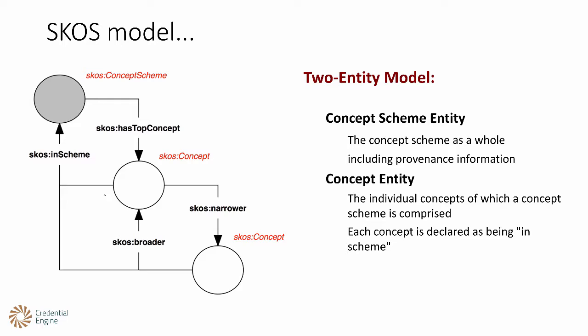So these entities exist in an RDF model, and their relationships are defined independently of the nodes themselves. So you can have any number of is narrower. So the top concept node could branch out. You can imagine it's just branching out like a tree underneath. So it's very, very powerful. But it's a very simple model.